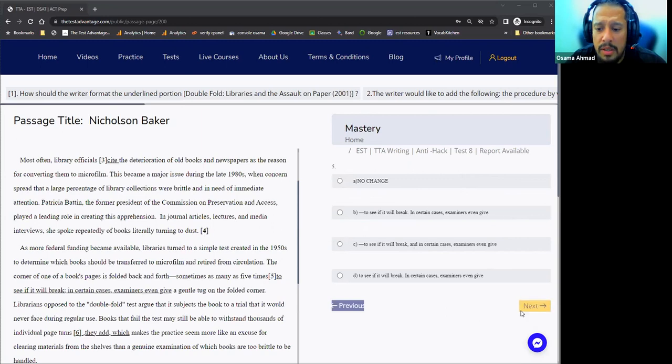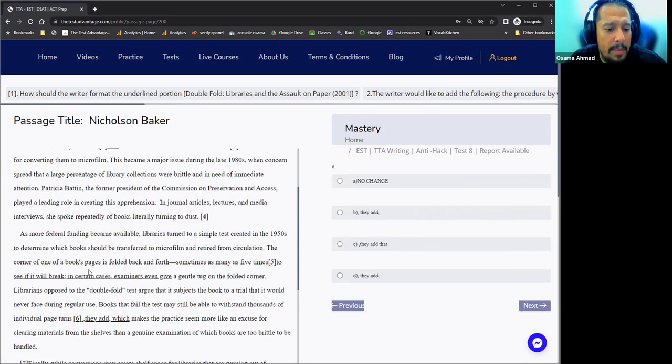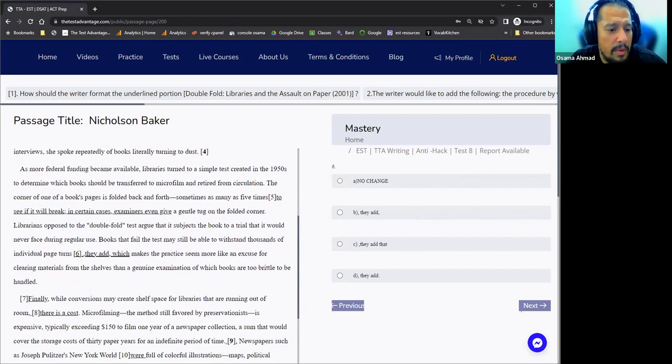Question number 6. I think I made a mistake. Yeah, I made a mistake in question number 6. There's a mistake here, right? The original answer is A, or the correct answer is A. اللي قال لي إجابة A is correct.